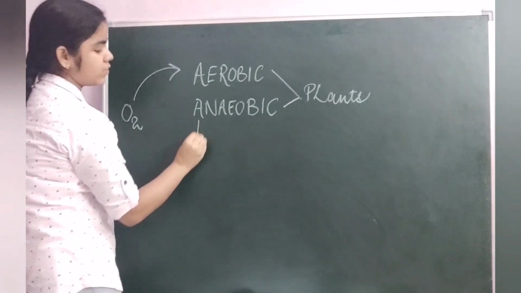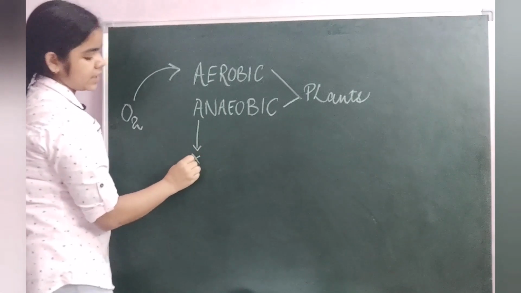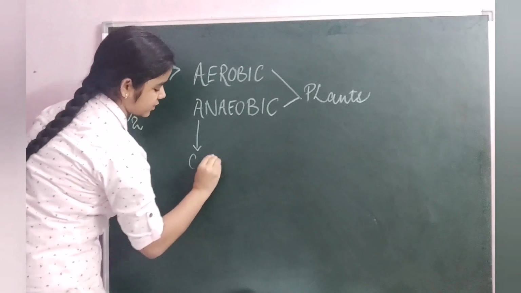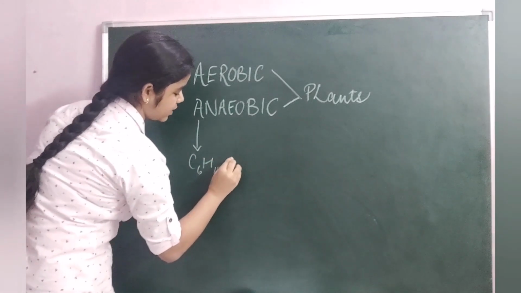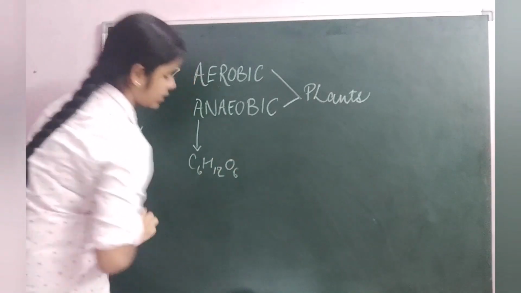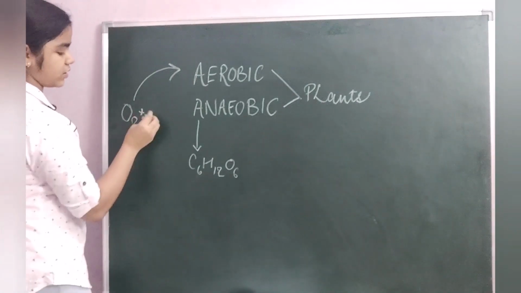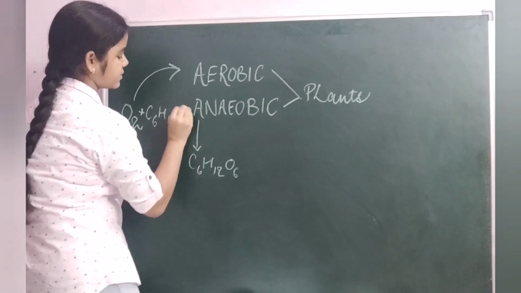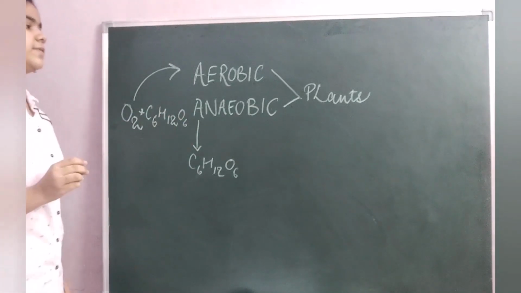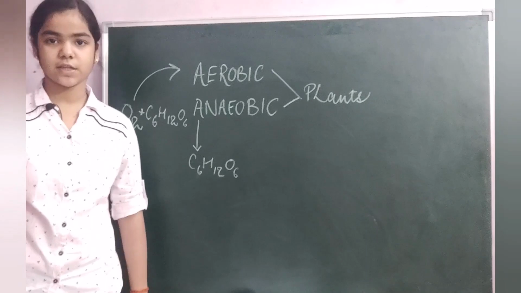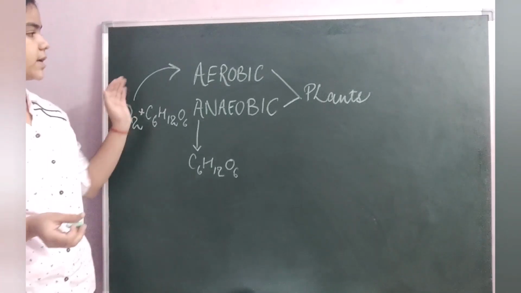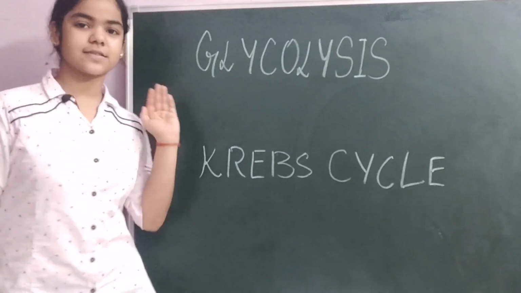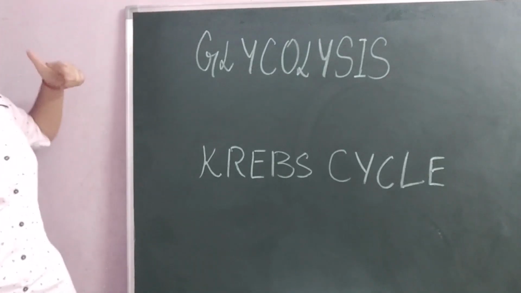But when no oxygen is used, then just glucose is used, that is C6H12O6. So don't be confused that only aerobic respiration takes place in plants. Anaerobic and aerobic both take place in plants. Okay, so let us discuss these two topics in detail.